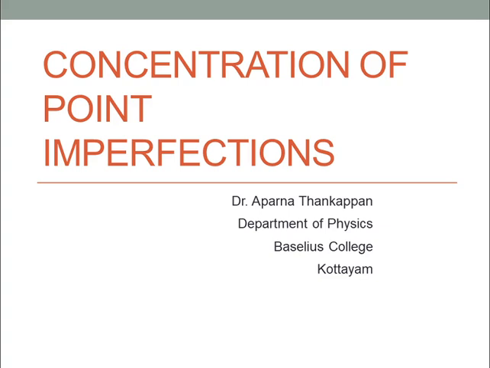Anyway, an imperfection is a deviation from the regular arrangement of the atoms. The point imperfection is the simplest imperfection, involving a single atom or two, and therefore it is referred to as a 0 dimensional imperfection.